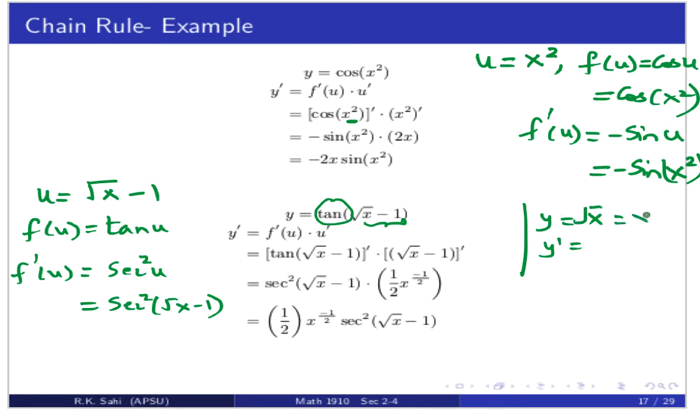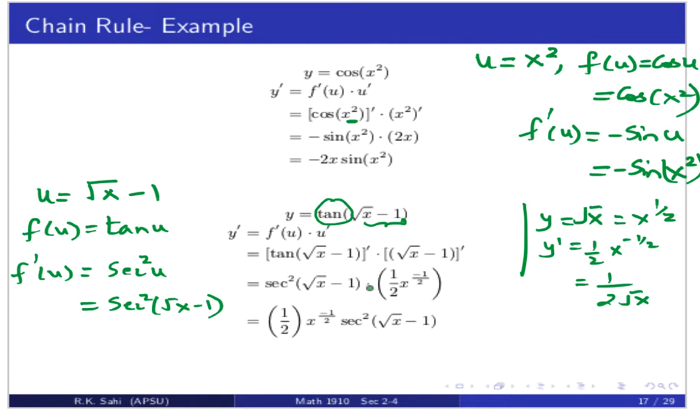This is x to the power half. It's half x to the power half minus 1, which is negative half, and you can write it like this, or you can let it be like this, it doesn't matter. So remember, secant squared of square root x minus 1 times half x to the power minus half.